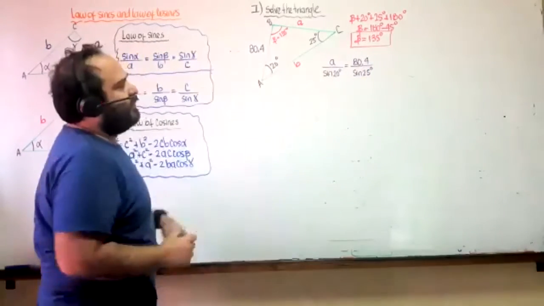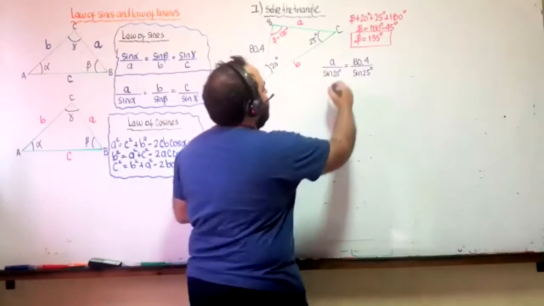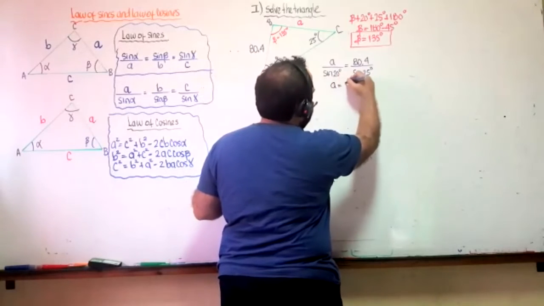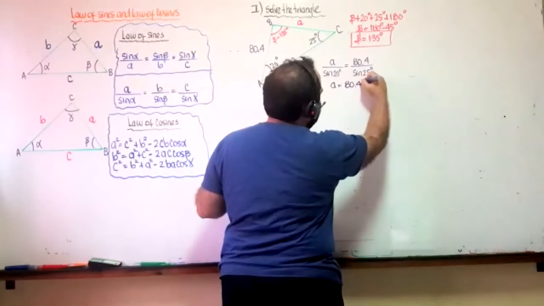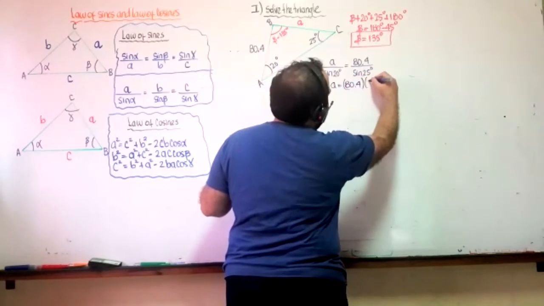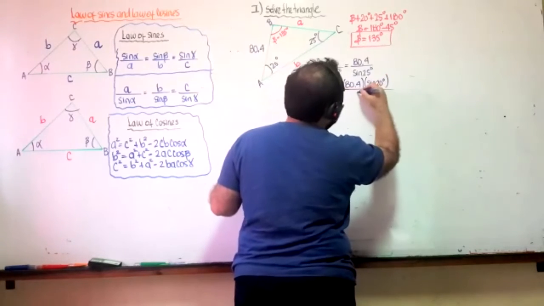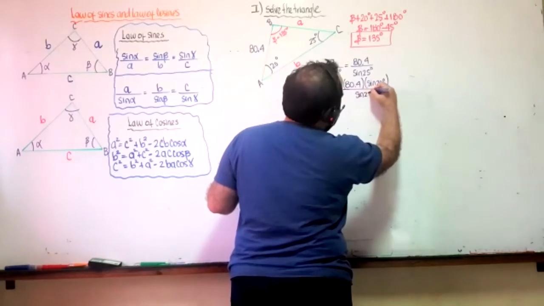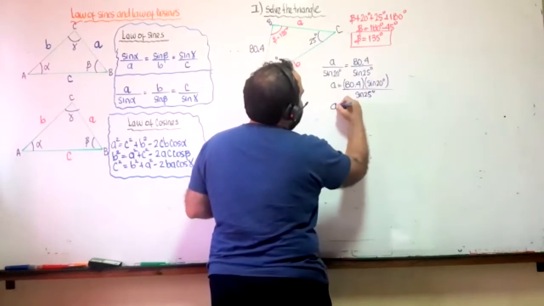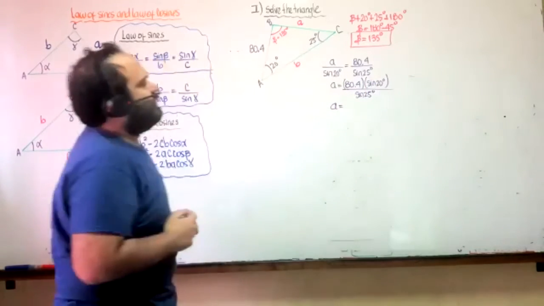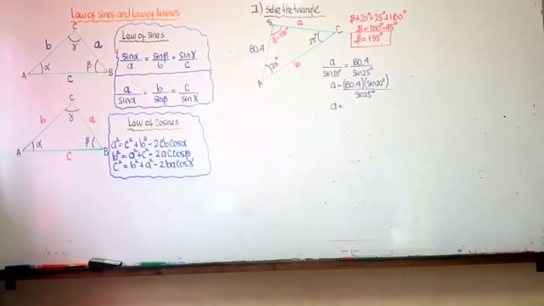And because we're looking for the leg A, that will be equal to 80.4 multiplied by sine of 20 divided by sine of 25 degrees. And this is how we're going to solve for the leg A.